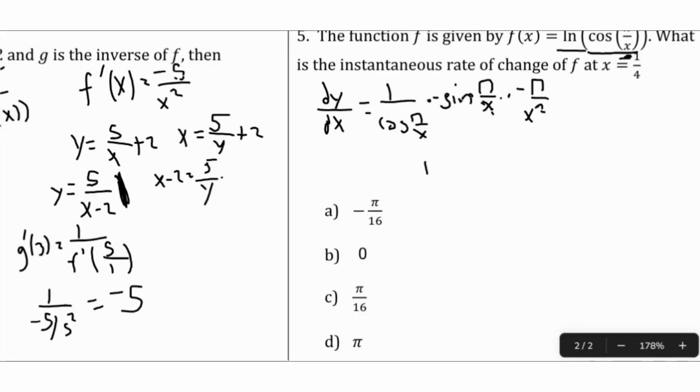So I'll just rewrite this. This becomes pi over x squared, because those negatives cancel out, times sine pi over x over cosine pi over x.